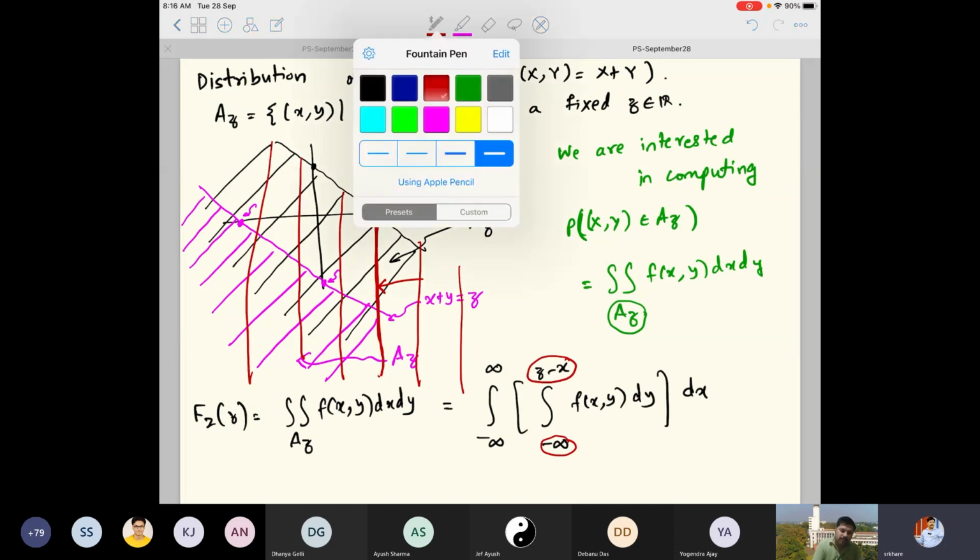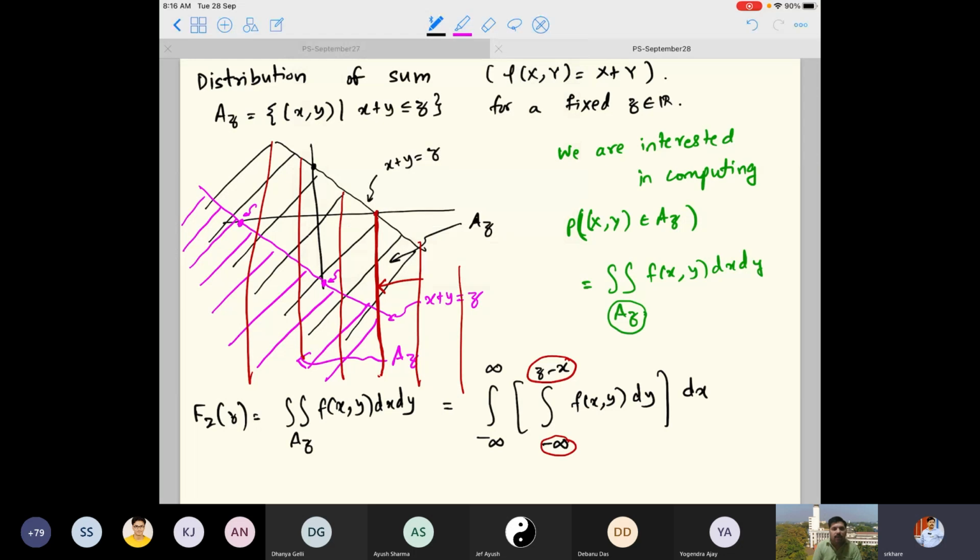Now I'll do the simplification in this integral. I will substitute y equal to v minus x in the inner integral. So what happens to the limits of y?